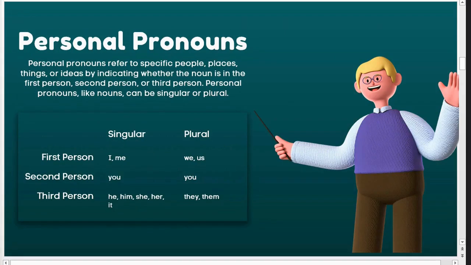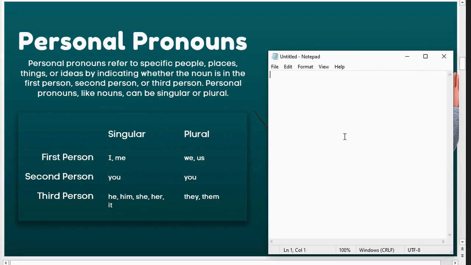Our next slide is about personal pronouns. Personal pronouns refer to specific people, places, things, or ideas by indicating whether the noun is in the first person, second person, or third person. Personal pronouns, like nouns, can be singular or plural.